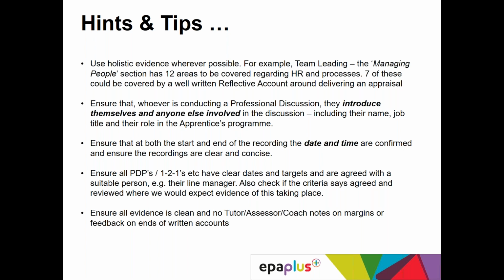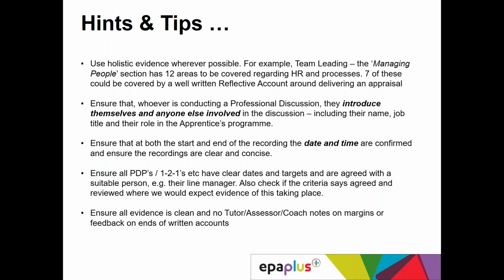A really well-written reflective account around delivering an appraisal will cover 7 of them, whereas I've had a list of knowledge questions that were answered, which, yes, showed some knowledge, but it's only going to go into the knowledge area. If you write about an appraisal about what you've done, you're going into a skill, and it can potentially be used for knowledge as well. As I say, use 2 or 3 dimensional pieces of evidence rather than knowledge questions, which can sometimes be one dimensional.